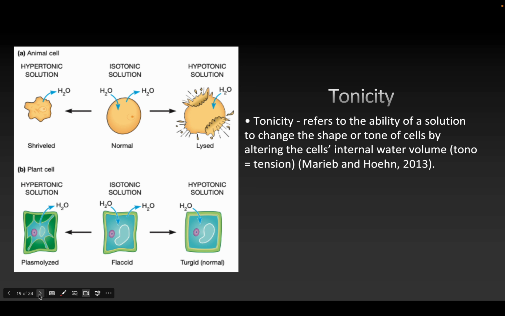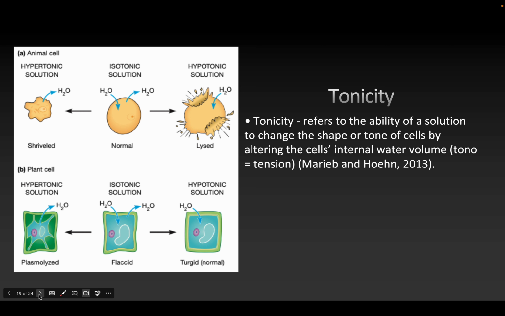Another concept that we relate to osmosis is tonicity. Tonicity refers to the ability of a solution to change the shape or tone of cells by altering the internal water volume of the cell. I'm not sure if you had introductory biology lab, but if you did not, then definitely this is the first time that you're hearing about it.